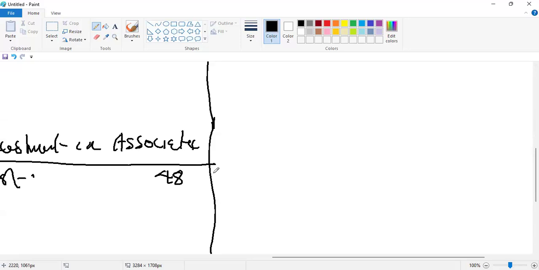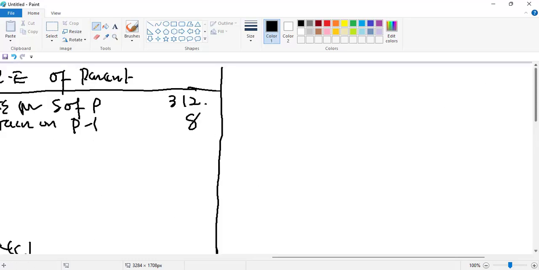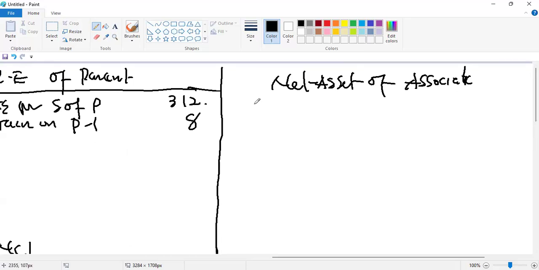And the fair value of the land is 12.8 in excess of the carrying value. Okay, no problem. You have given us the net assets of associates. Why do you give me net asset of associates?